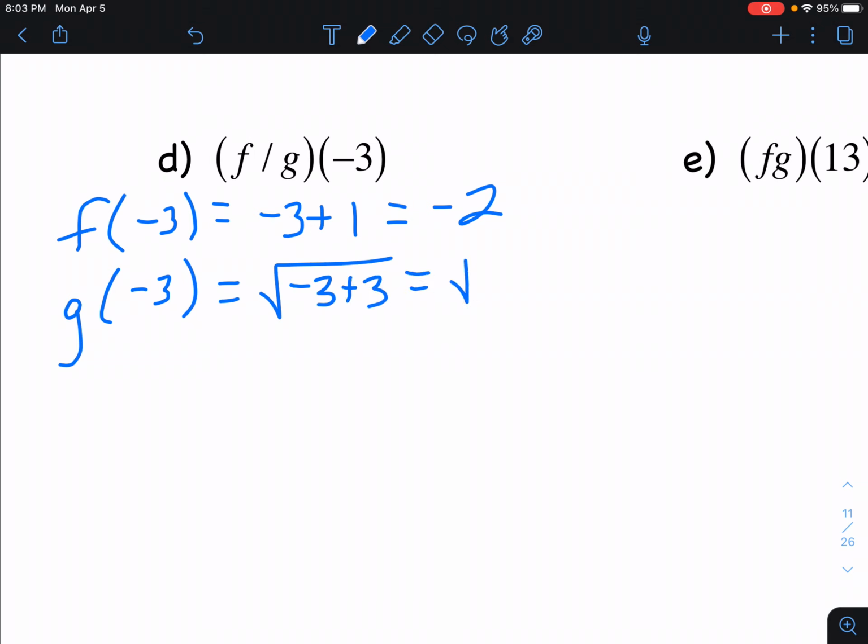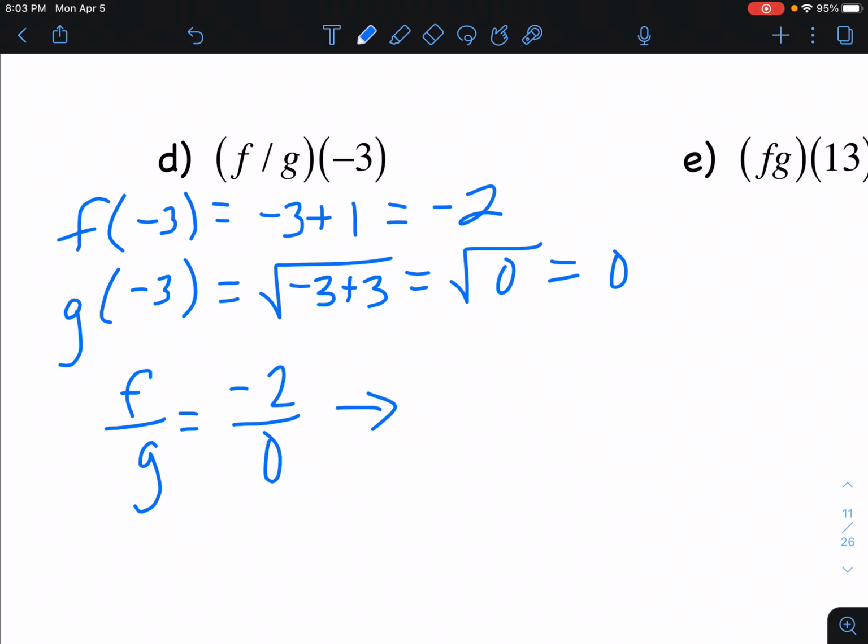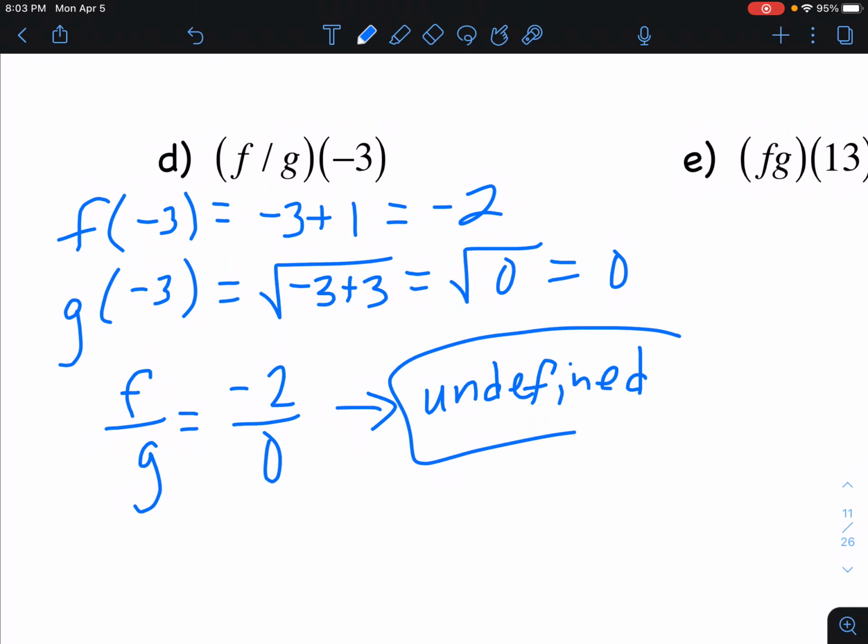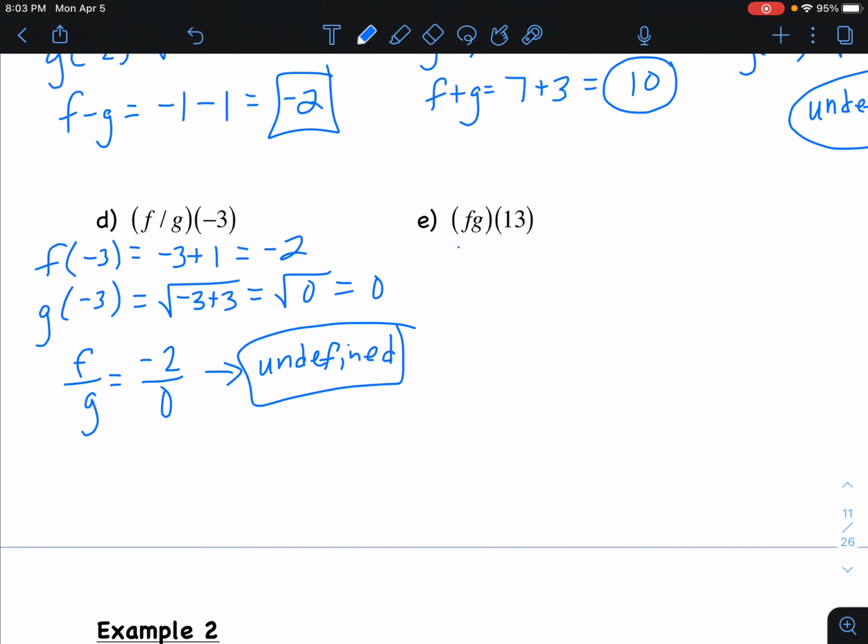That would be the square root of 0, which is 0. So now we're going to do f divided by g. That would be negative 2 divided by 0. And guess what? You can't divide anything by 0, so that is undefined. So our last two problems, we had undefined.